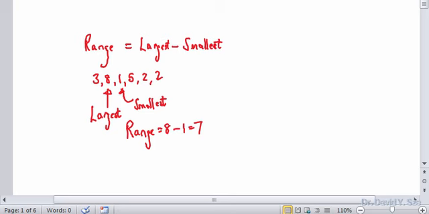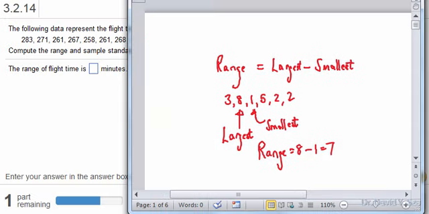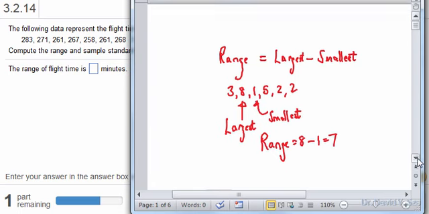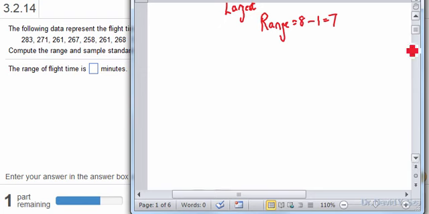Let's go back to our data. I'm going to resize this down so that we can see both the scratch paper and the data. Out of these numbers, which one is the largest?